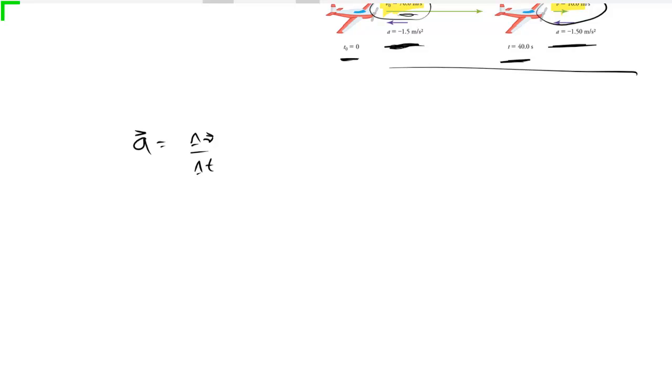So ways in which velocity can change is that it can speed up, it can slow down, or it can also turn. Okay, so an object which is doing any of these things, speeding up, slowing down, or turning, is accelerating. Okay, so there are 3 ways in which we can accelerate: speed up, slow down, or change directions.